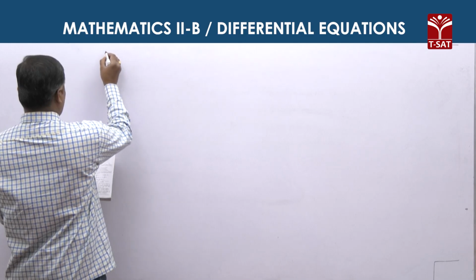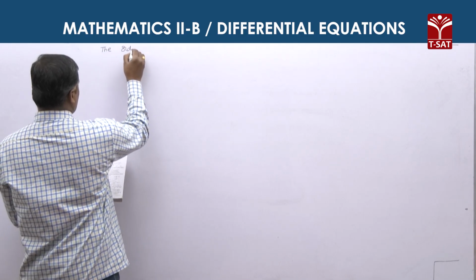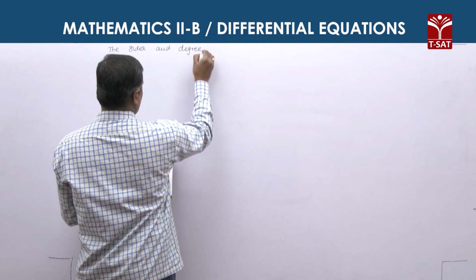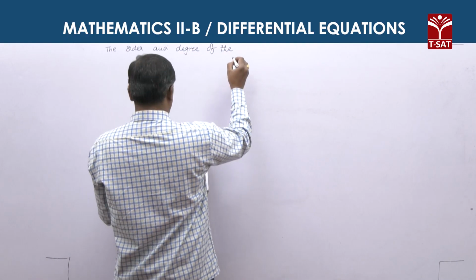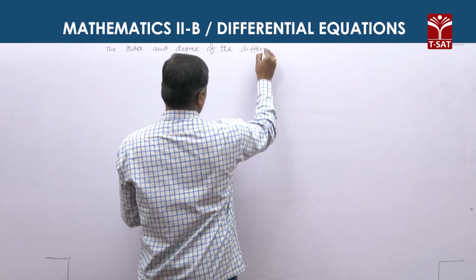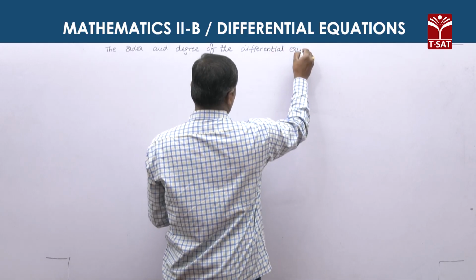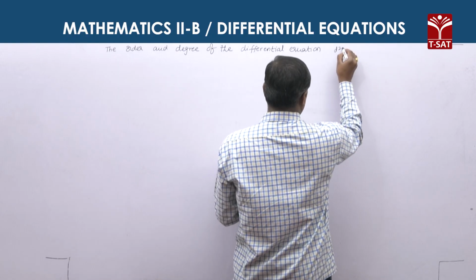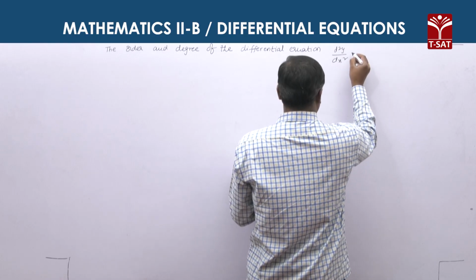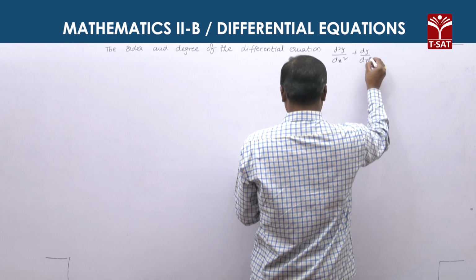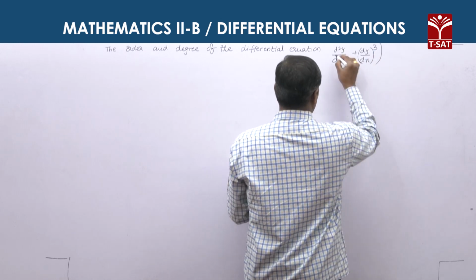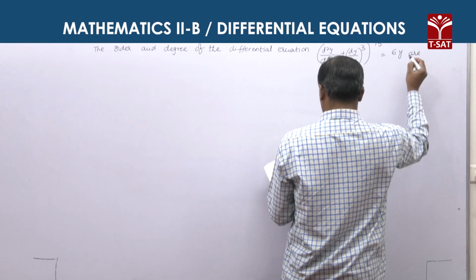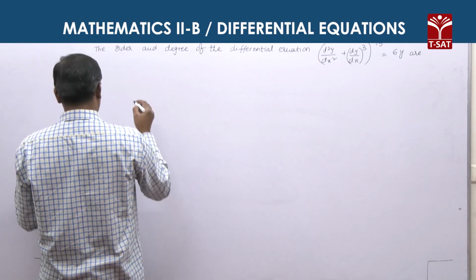One more example, the order and the degree of the differential equation d square y by dx square plus dy by dx whole cube whole power 6 by 5 is equal to 6y, respectively.